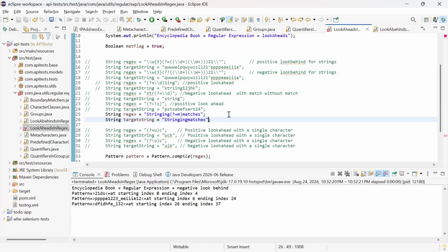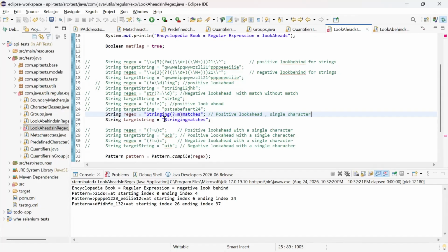So you see, this symbol depicts the positive look ahead, and we are looking for a single character. Positive look ahead, we have a single character here.